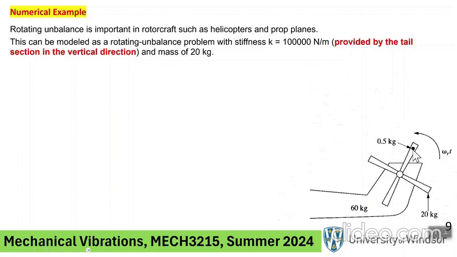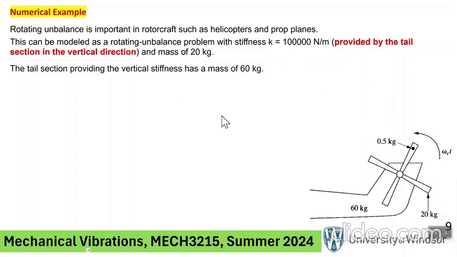And there is a little mass that is stuck to one of the blades, half a kilogram. Now, there's some information given here. For example, it says, let's say that the mass of the tail section is 60 kilogram, and the stiffness of the tail section is 100,000 Newton per meter.